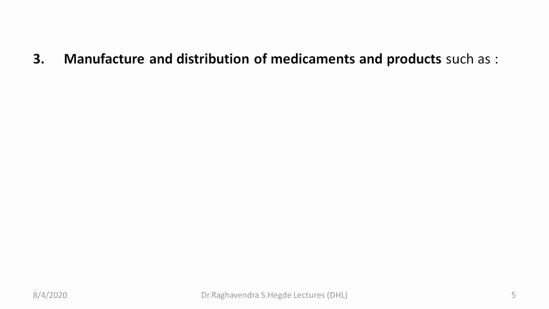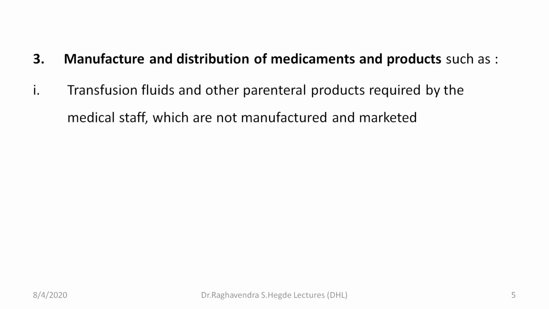Manufacture and distribution of medicaments and products, the third point. So he is involved in manufacturing and distributing medicaments and products, such as the transfusion fluids and other parenteral products required by the medical staff, which are not manufactured and marketed.